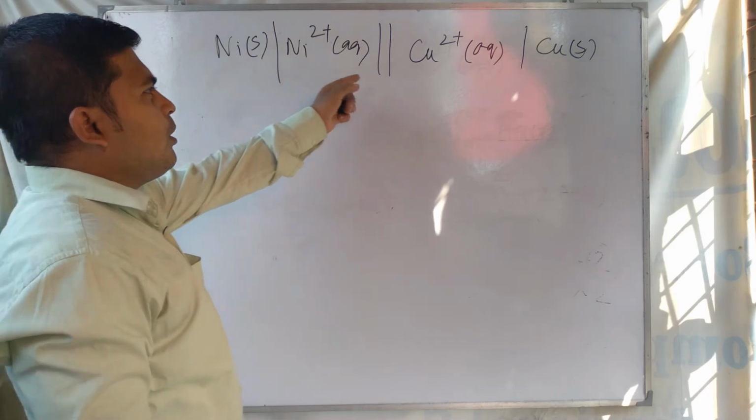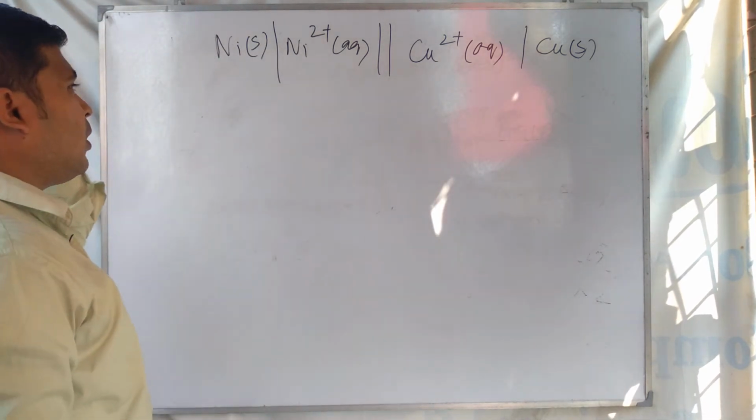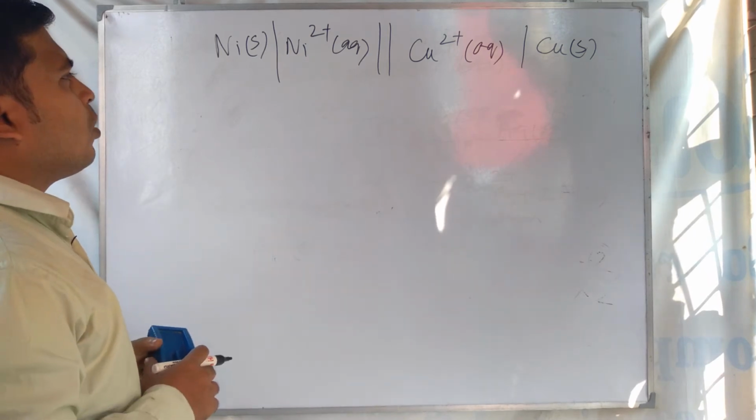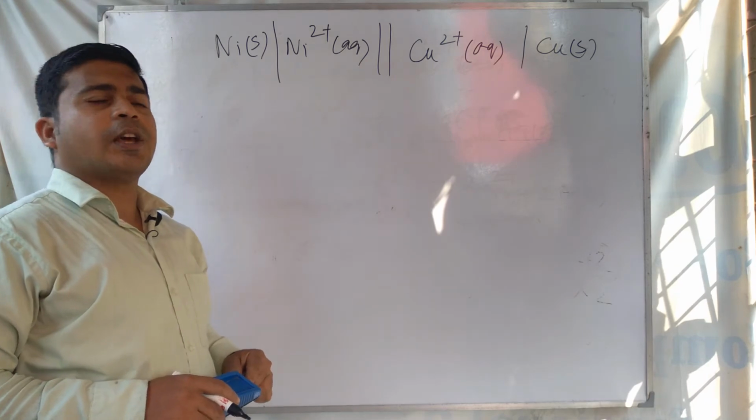Copper 2+ is changing to copper solid. In this case we have to write the individual cell reactions and the overall cell reaction.